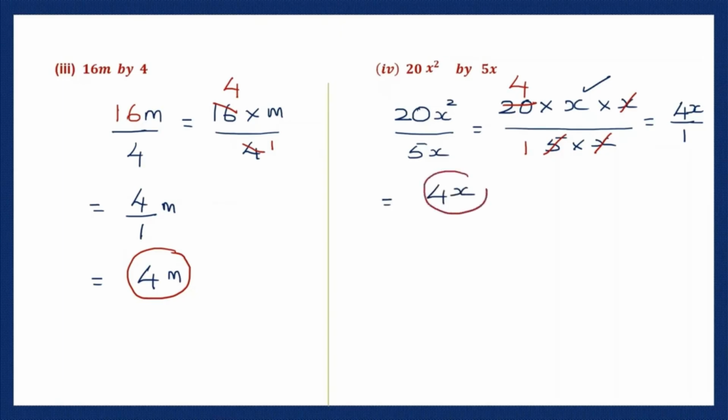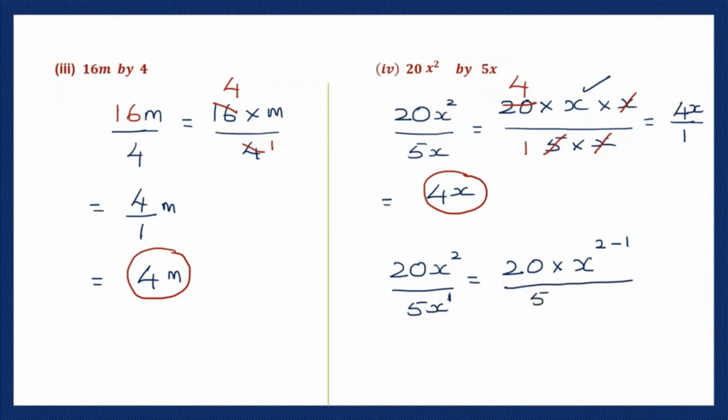Now I can do the same question using the exponent law. So let me work that out also for you. So 20x square by 5x. So this is 20 into x, now the exponent law, according to this, when it is division, we can subtract the powers. So when I write x here, I can say 2 minus 1, I have 1x down, isn't it? So in my denominator, I have only 5 left.